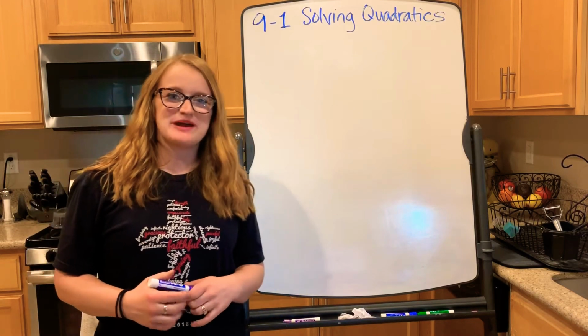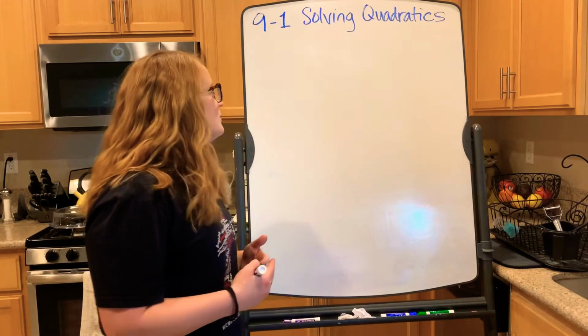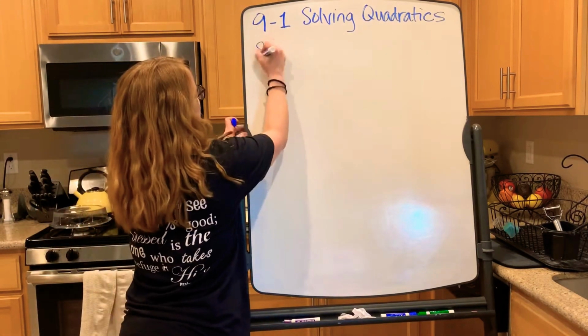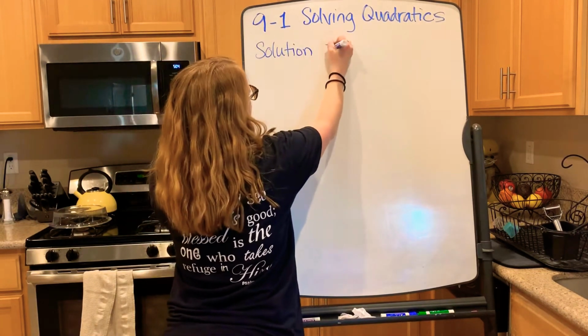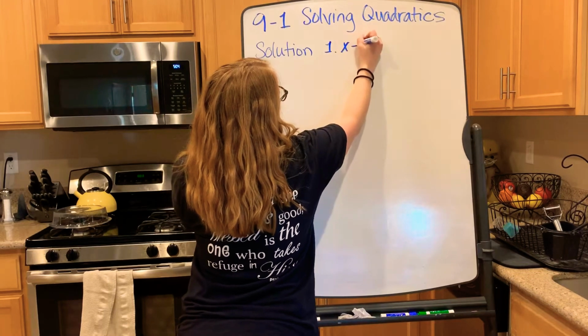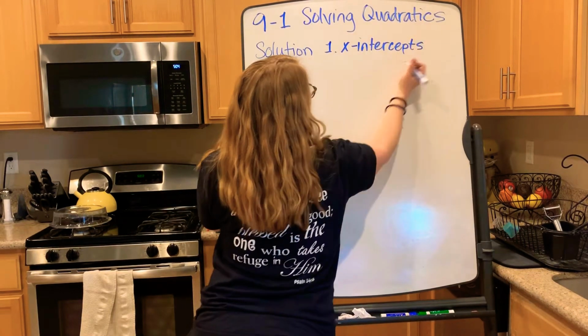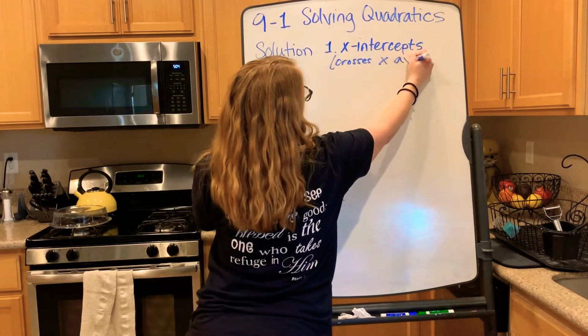9-1 is all about solving quadratic equations. So what is a solution to a quadratic equation? Well, a solution is called two different things. The first one is the x-intercepts of the graph, where the graph crosses the x-axis.